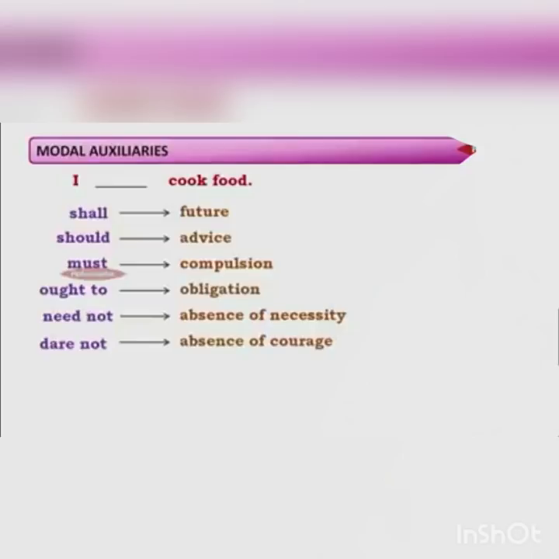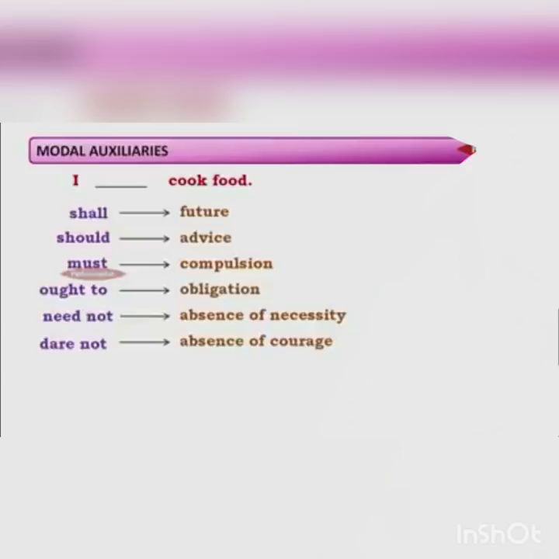So students, we have gone through the modal auxiliaries with the different functions they do. Can does the function of ability, could, past ability, may, possibility, might, not too sure, will, determination, would, past habitual action, shall, simple future tense, should, advice or suggestion, must, compulsion, ought to, obligation, need not, absence of necessity, dare not, absence of courage.